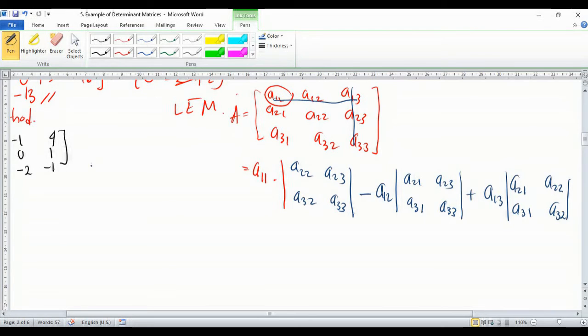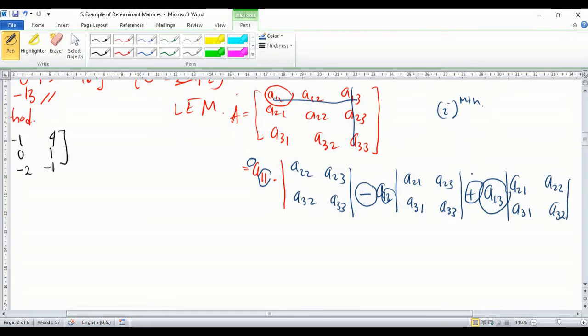If you take A11, remember 1 plus 1 is 2. 2 is positive. That's the reason why here is positive. 1 plus 2 is 3. The 3 is negative because the formula is minus 1 to the power m plus n. And for A13, 1 plus 3 is 4. That's why it is positive.